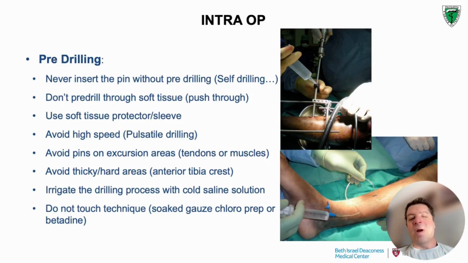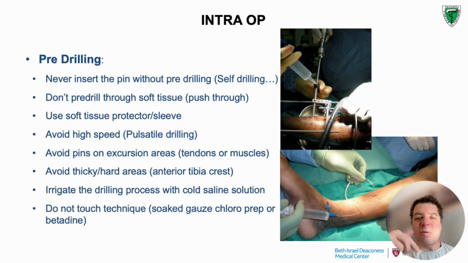So you find the spot where you want to make the incision, and then with a small snap I open the tract through the soft tissue, and then I put the drill bit in through that small incision. It touches the bone. Then I slide the soft tissue protector all the way down, touching the bone.